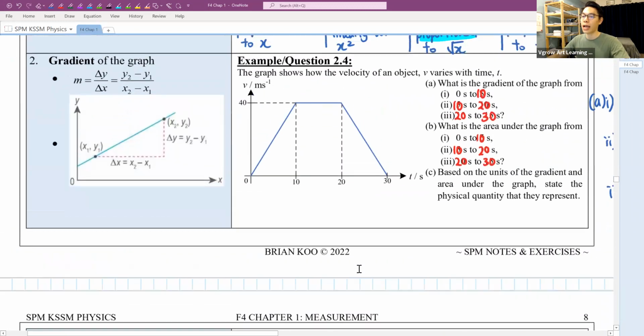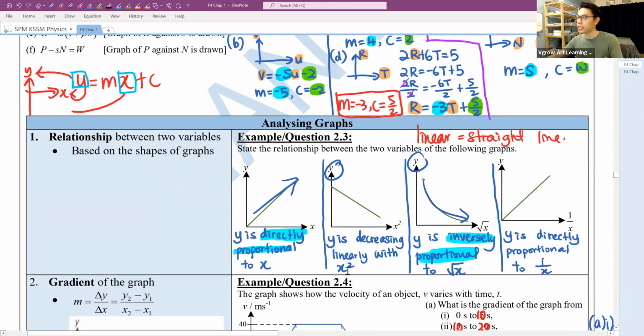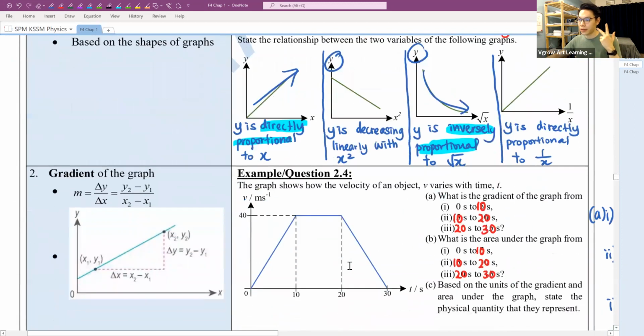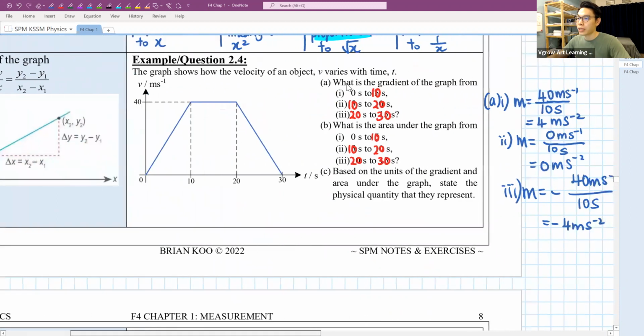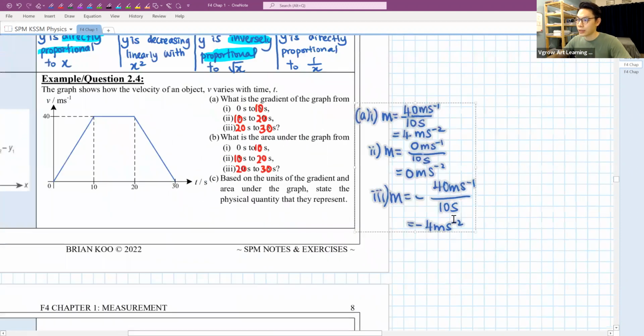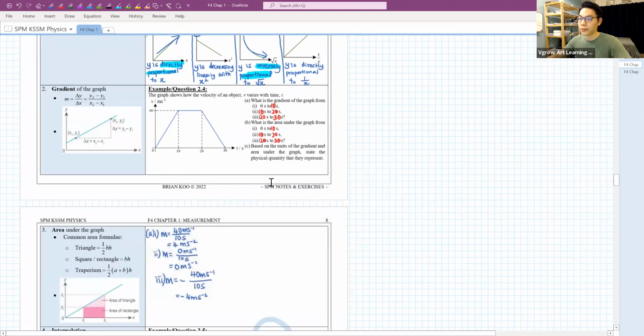Okay, so now I'm teaching you when I see a graph, what can I do for this graph? I can state the relationship, find the gradient, find the area. So for part B, we're going to find out the area. I'm going to put this down here first. And now I'm going to do part B already.